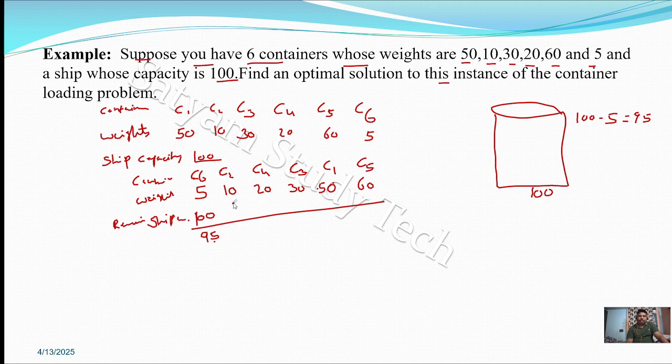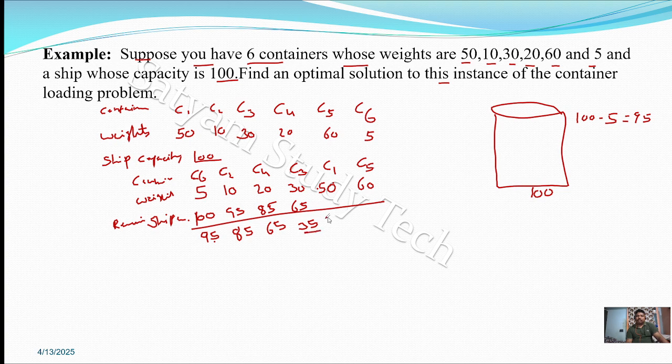Then 95 minus 10, the remaining capacity is 85. 85 minus 20 is 65. 65 minus 30 is 35. For example, the weight of this container is 50, but the remaining ship capacity is 35.